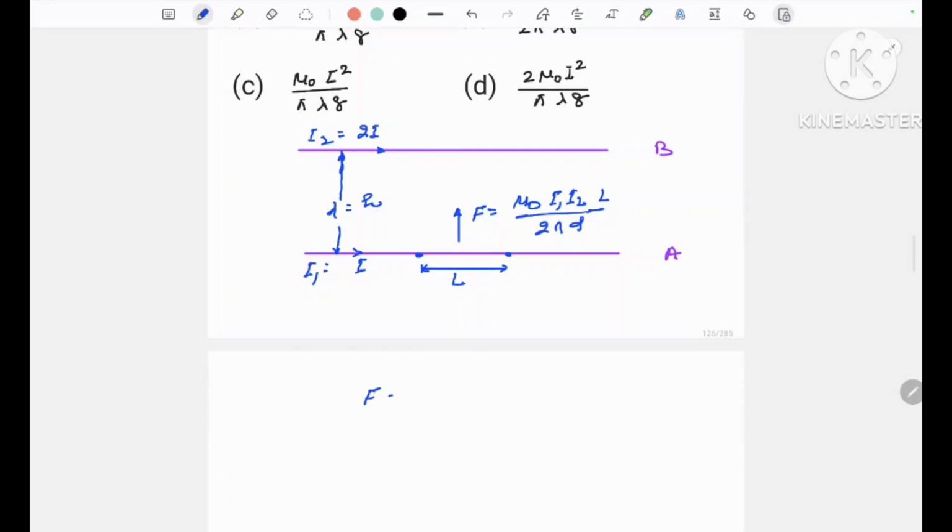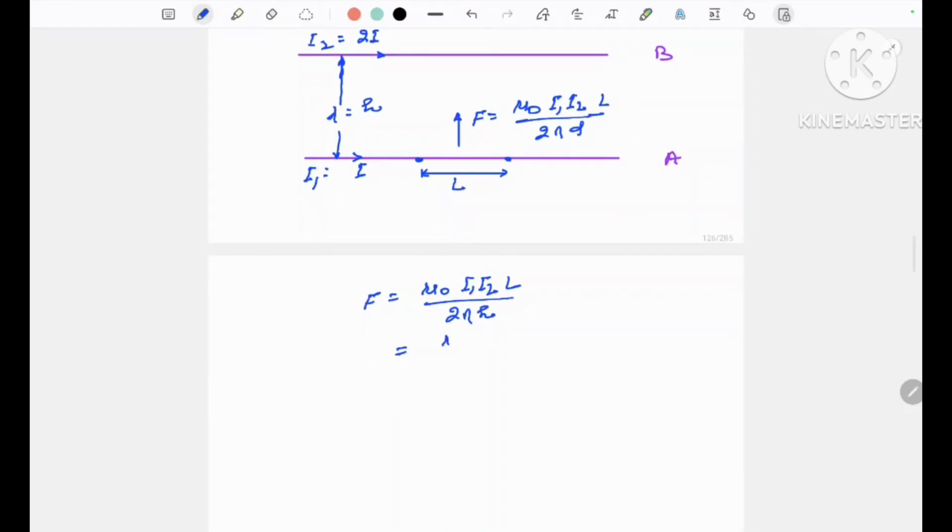Or F is equal to mu dot I1 I2 L by 2 pi h, and putting the values of I1 I2 as I into 2I, L by 2 pi h, and 2 mu dot I squared L by 2 pi h.